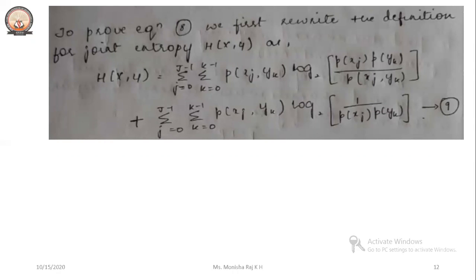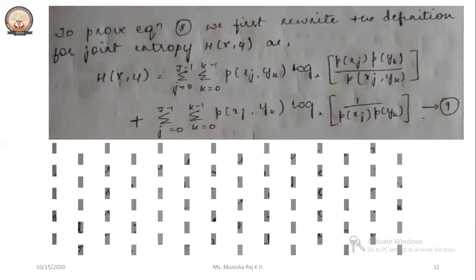This is equation 9. The first double summation term on the right-hand side of equation 9 is recognized as the negative of the mutual information of the channel, I(X;Y). As for the second summation term, we manipulate it as follows.